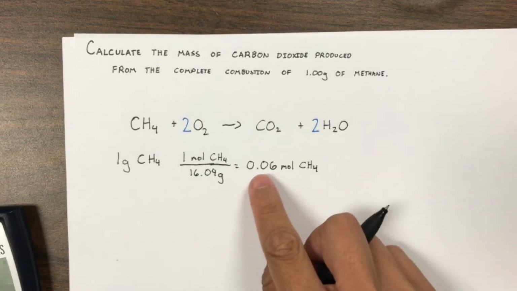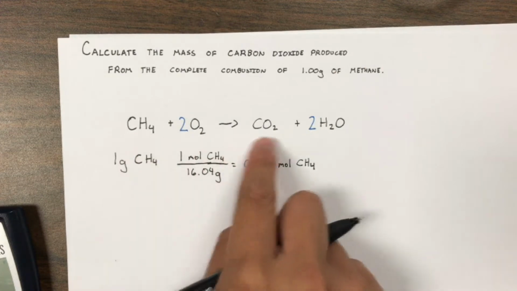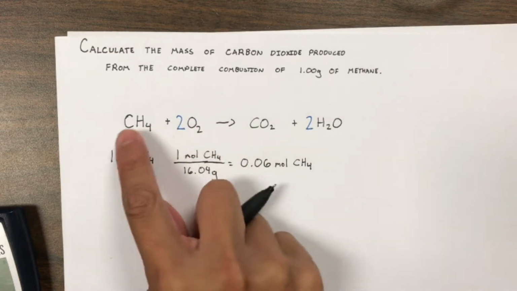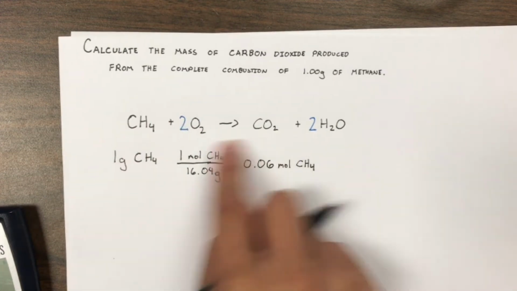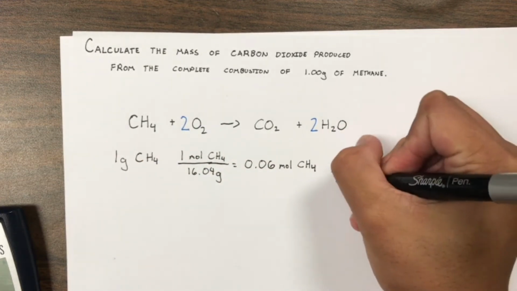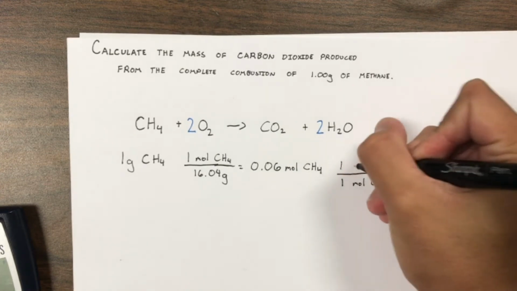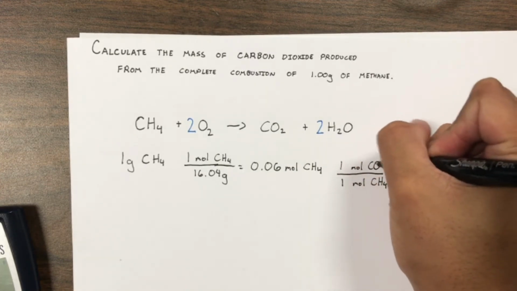And I want to know how much carbon dioxide. So I can use the mole ratio, and where do I find the mole ratio? I find the mole ratio from the balanced chemical equation. I can see in my balanced chemical equation I have 1 mole of CH4 for every 1 mole of CO2.